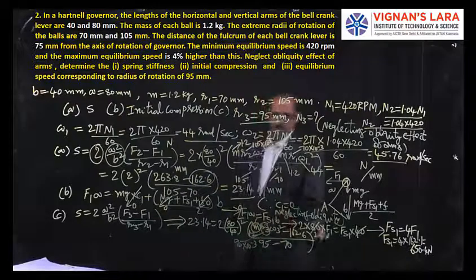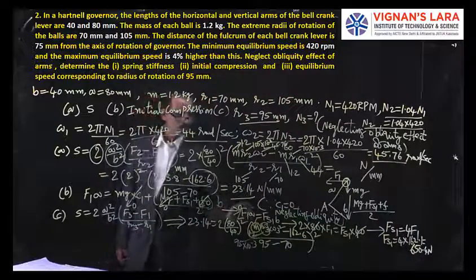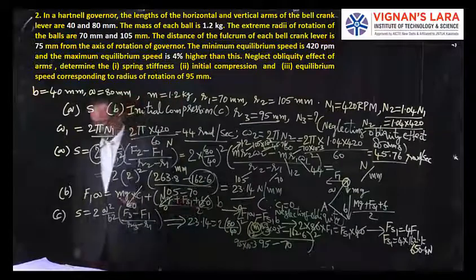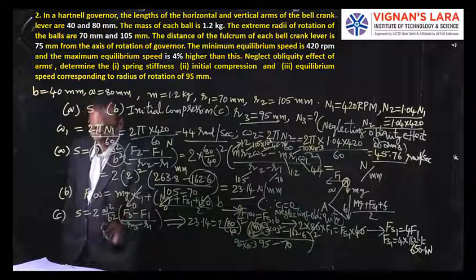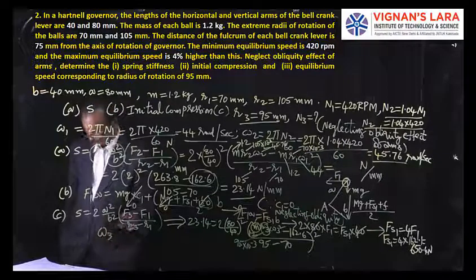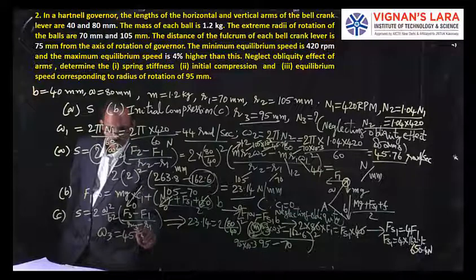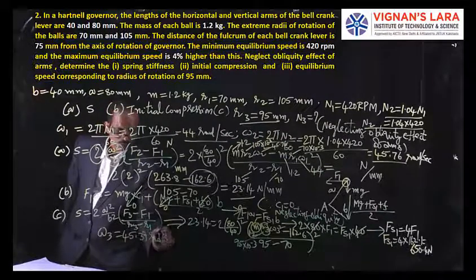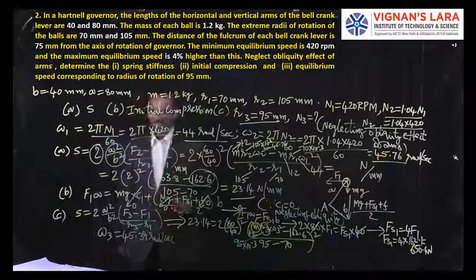Then the unknown in this equation is omega 3 square. By substituting this data and writing the equation, you will get omega 3 square, and if you take the root, you get omega 3, which is in radians per second.